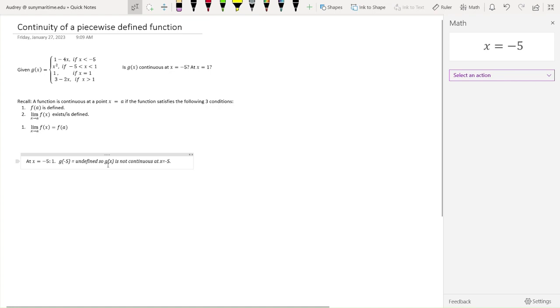And remember that as soon as one of the conditions fails, that means the function is not continuous at that point. So we don't have to go any further. I don't have to check the other 2.